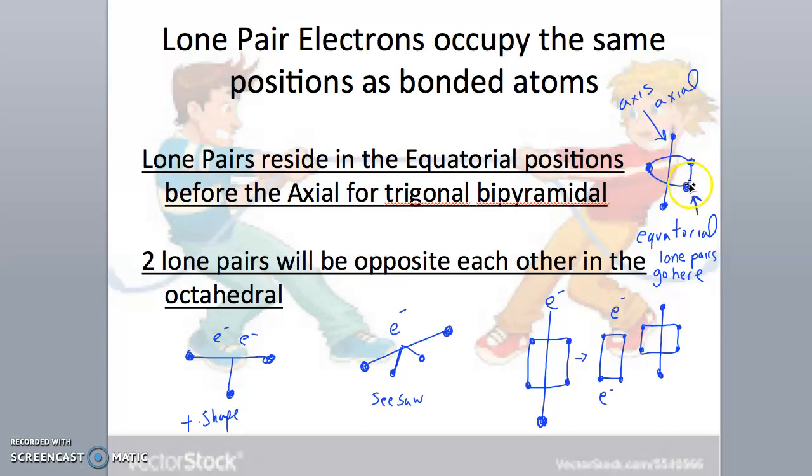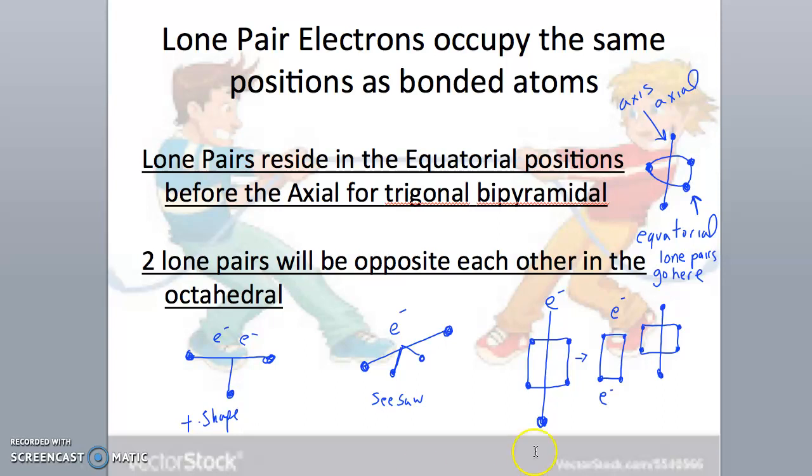And I like to think of this as like the inside of a globe, and this is my axis, and this is my equator. And these are actually called equatorial positions, and this is where the lone pairs will go, and these are called axial positions. So on this molecule, if you have lone pairs, they're going to go on the equatorial positions.